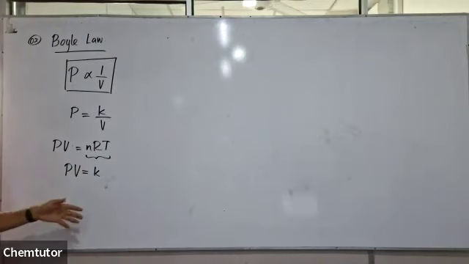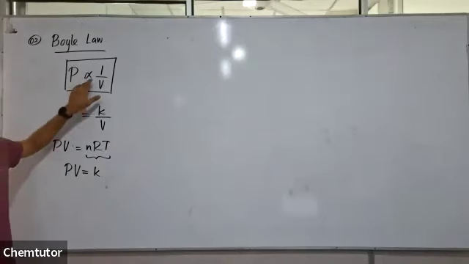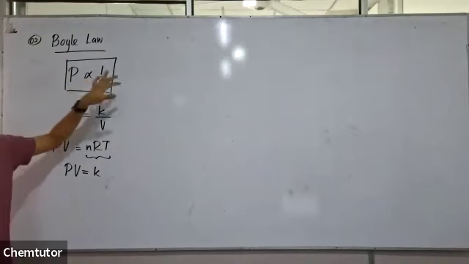This is clear, but the theory that an inversely proportional equation can be made equal by using a constant, I'm not familiar with it. Right, so that means there's a proportional relationship. A proportional relationship can be removed by adding a proportionality constant.